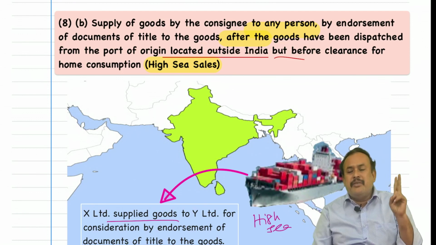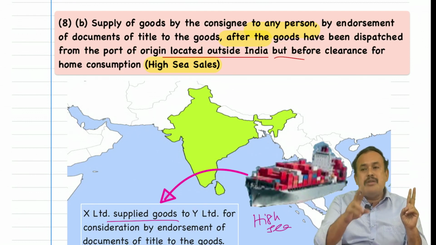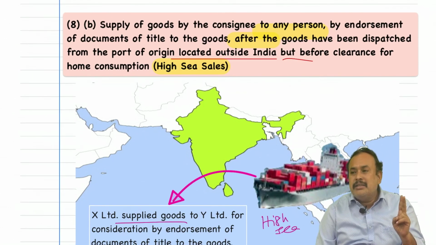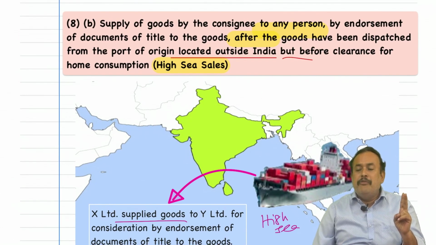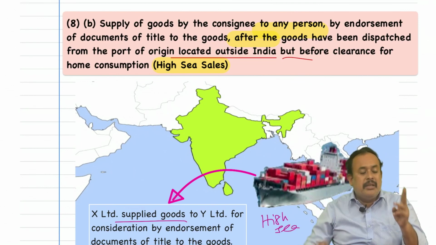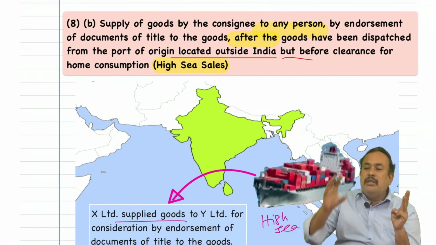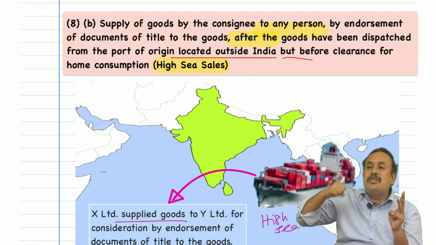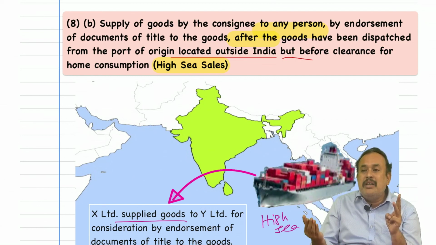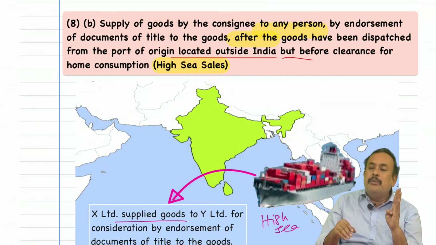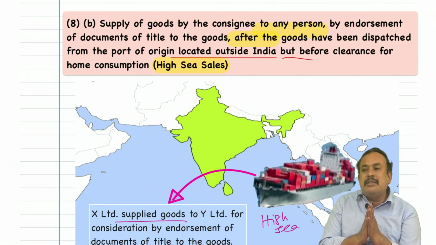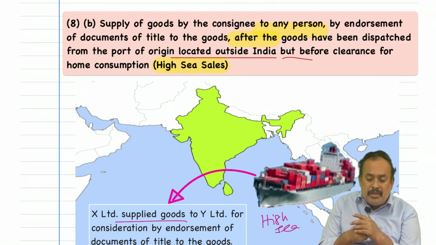7: supply of goods from non-taxable territory to non-taxable territory, not a supply, without those goods touching India. Point number 8: imported goods are warehoused. During the tenure of warehousing, the goods are sold without clearing for home consumption, not a supply. Point number 8B: supply of goods by the consignee to any person by endorsement of documents of title.